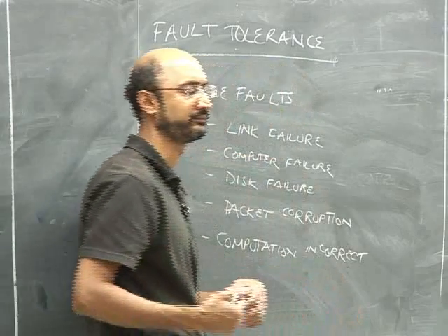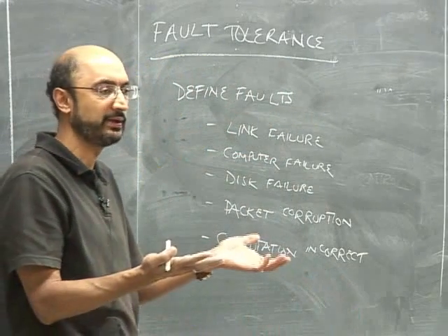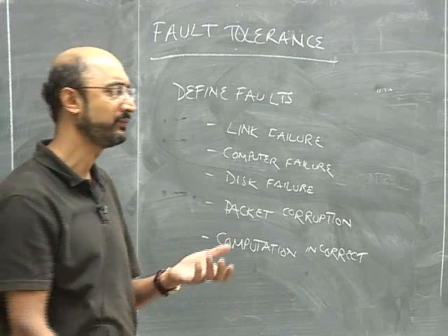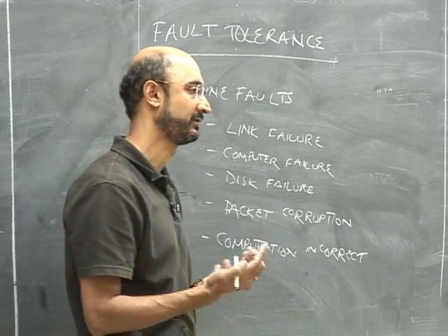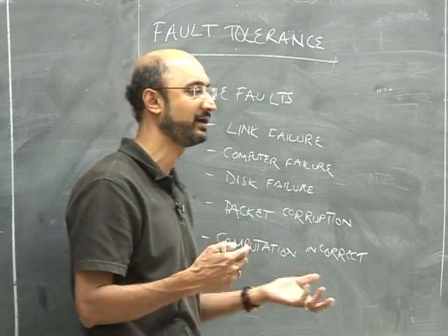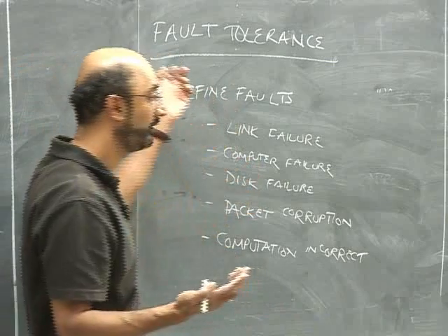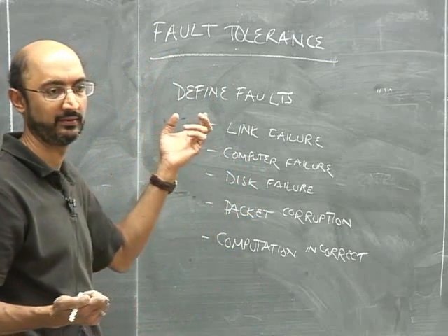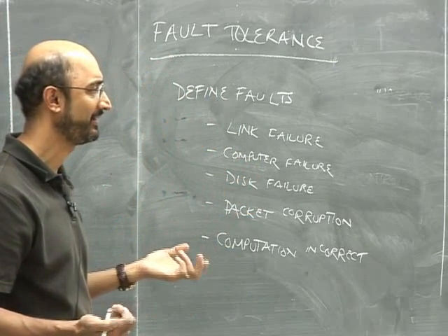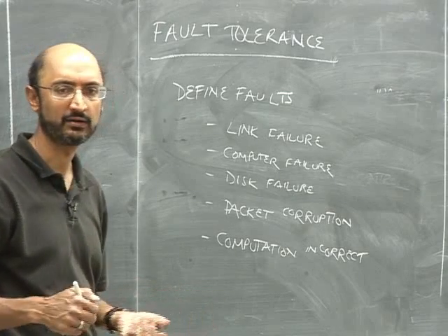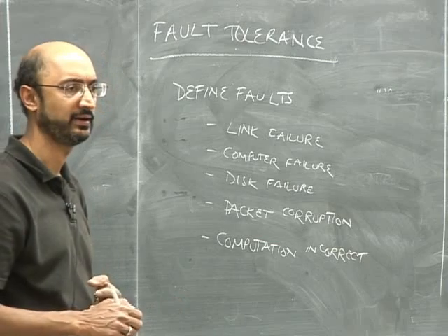So you take two numbers and you say, add them up, and the computer gives you a wrong result, because there's a bug in the hardware. How do you tolerate that fault? That's a pretty complicated fault to tolerate, right?